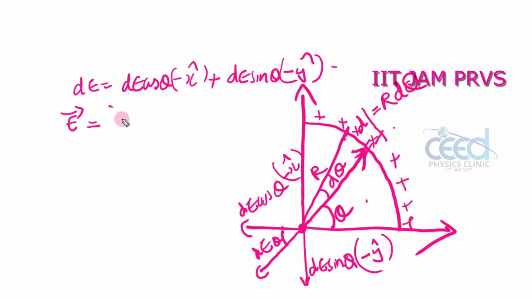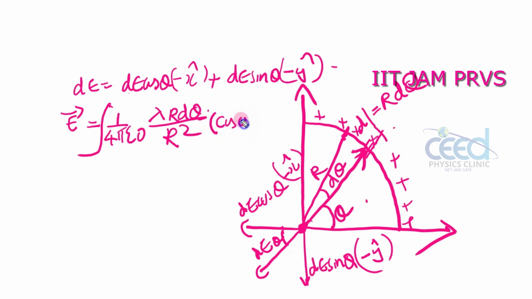Due to this elemental length, the electric field is 1 by 4 pi epsilon 0 q by r square. What is q? Lambda dl. What is dl? r d theta, by r square. Then lambda by 4 pi epsilon 0, and to find the field we have to integrate it, into cos theta minus x cap plus sin theta minus y cap.